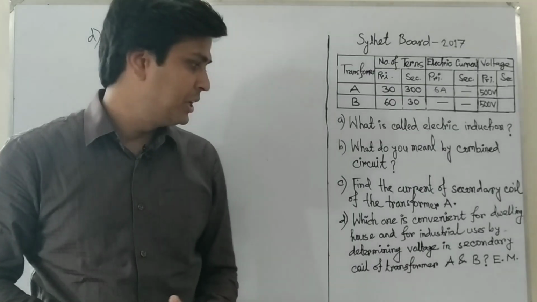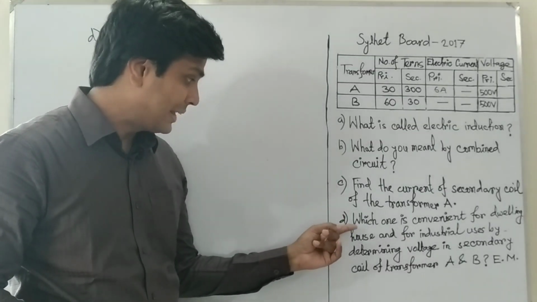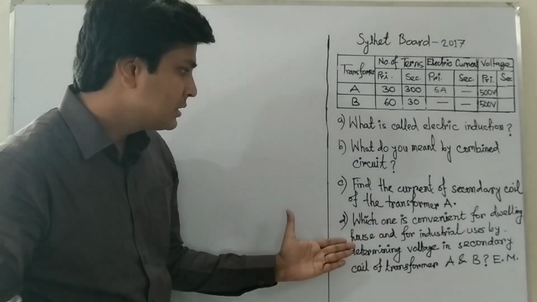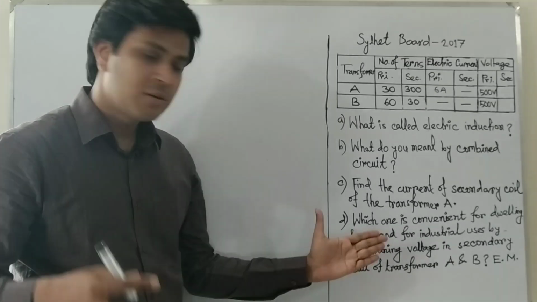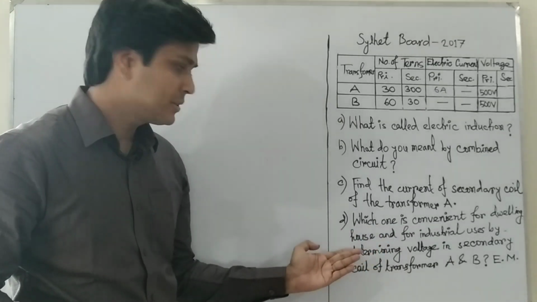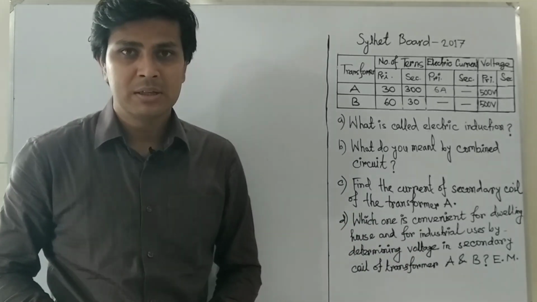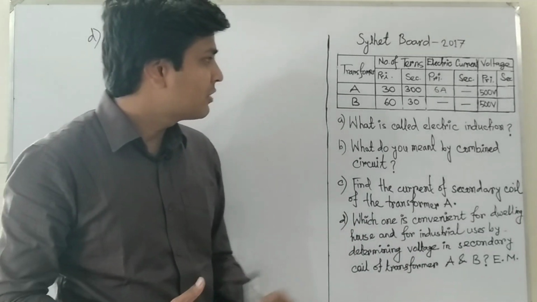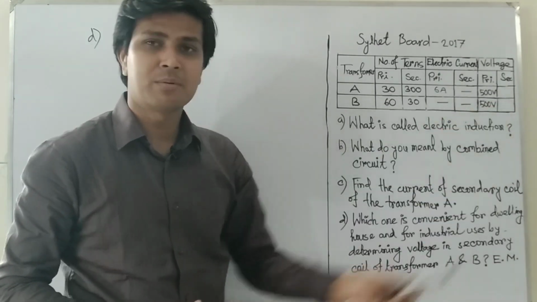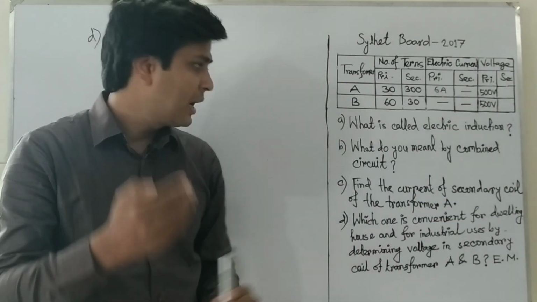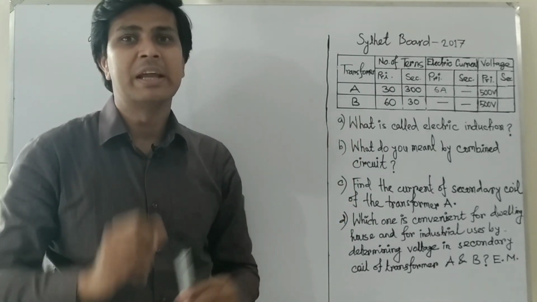Now question number D. Look at the question. The question is which one is convenient for house or for industry purpose by determining the voltage of secondary coil. That means using the voltage of secondary coil for both transformers, we have to decide which transformer is used for house and which transformer is used for industry.